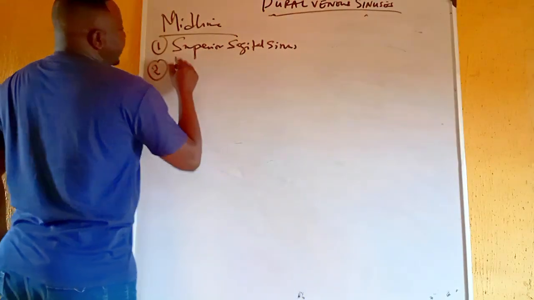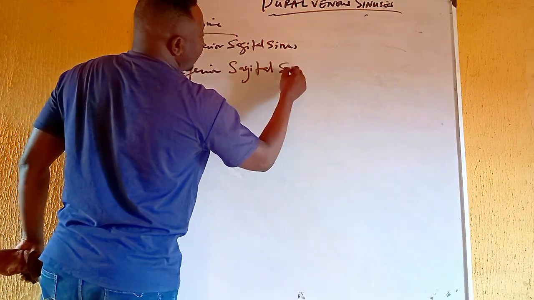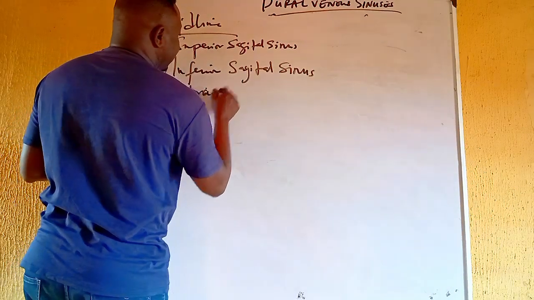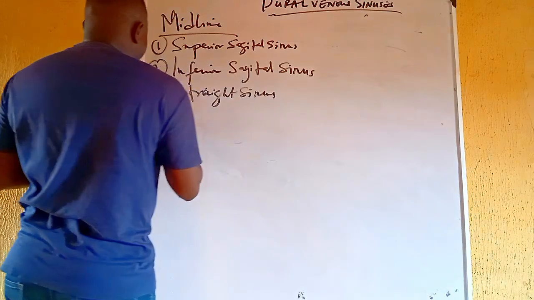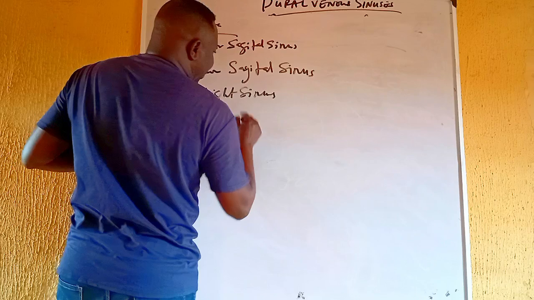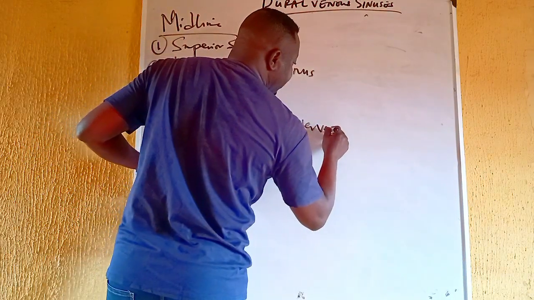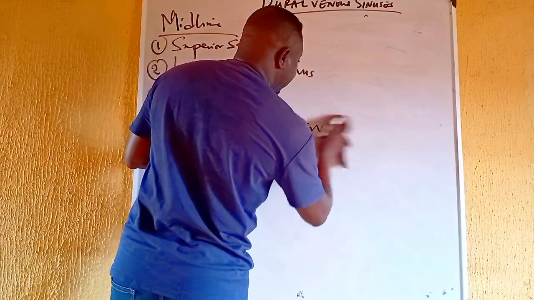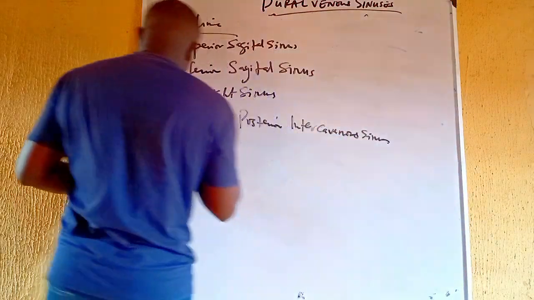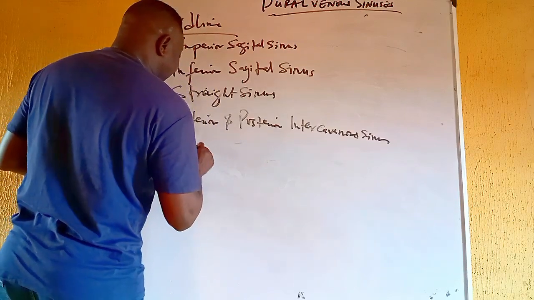Number two, the inferior sagittal sinus. Number three, the straight sinus. Number four, the anterior and the posterior intercavernous sinus. And number five, the basilar plexus.